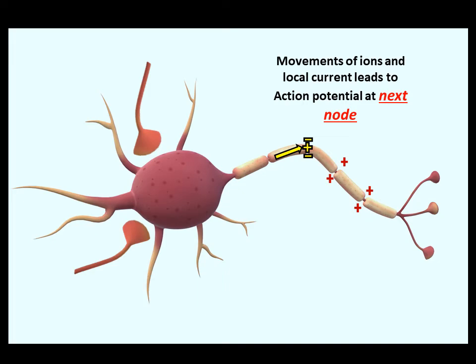In this way, the action potential in myelinated neurons jumps from node to node.